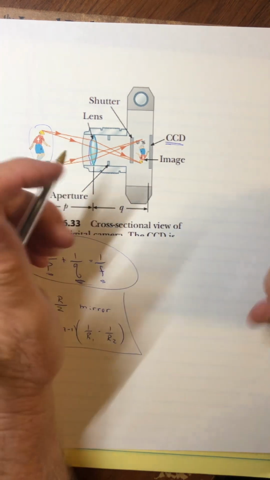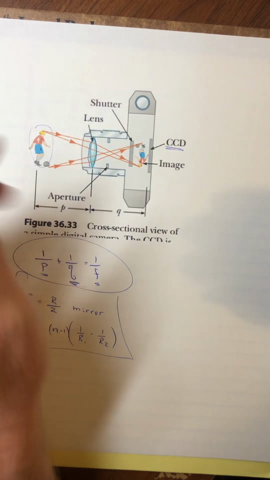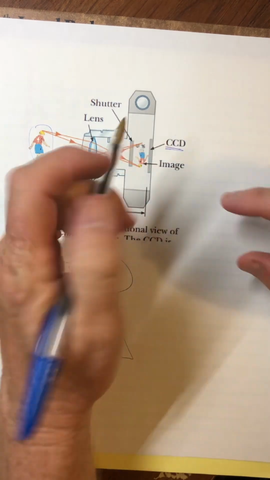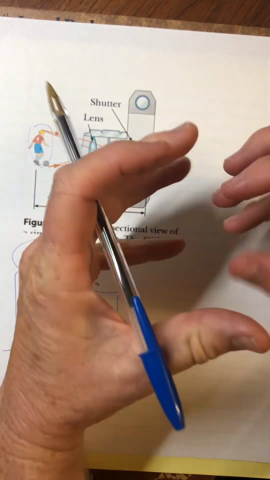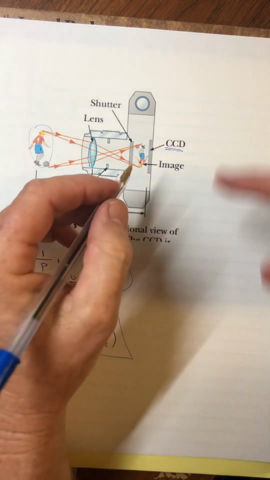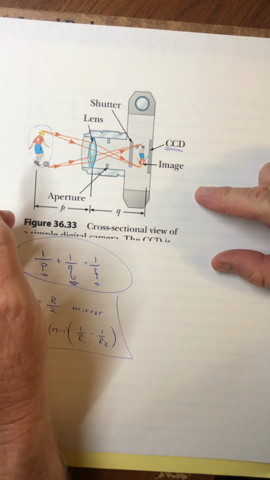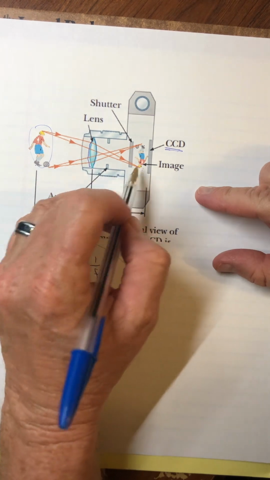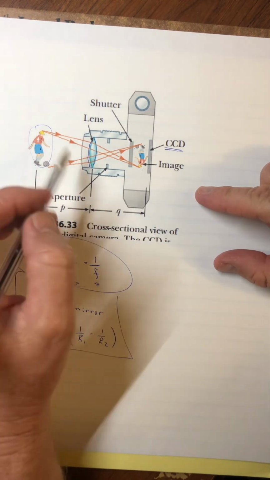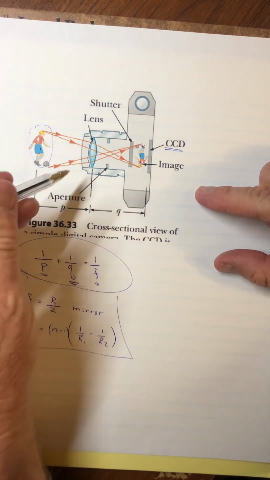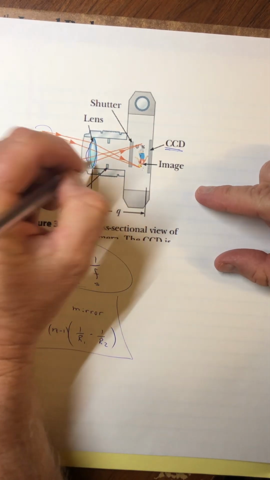So the silver nitrates and whatever they are in the old style film, or in this case the CCD array, the charge coupled device, the charges that build up in our semiconductors are affected by this light. So this is the basic operation of the camera, and the point is we have to get a real image. You might remember us talking about the only lens that gives you a real image is the convex lens.